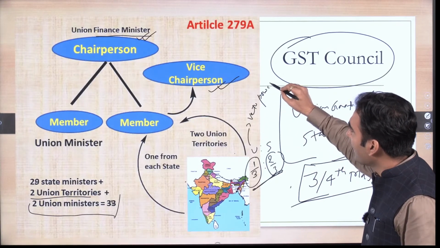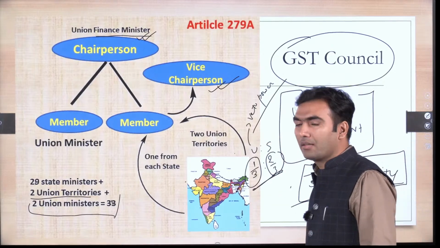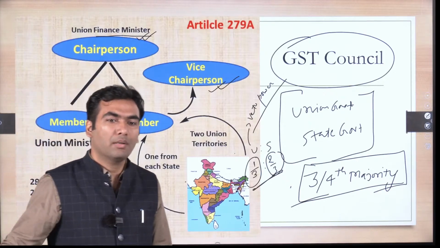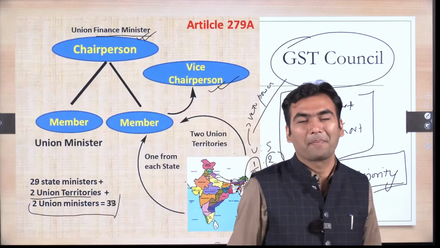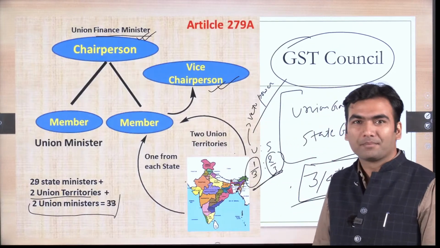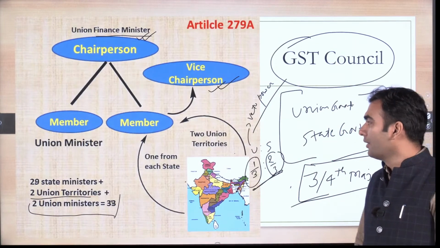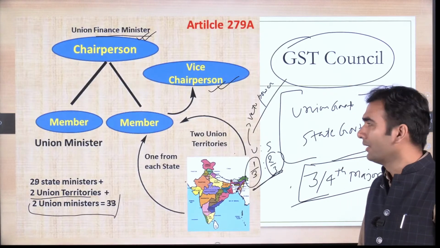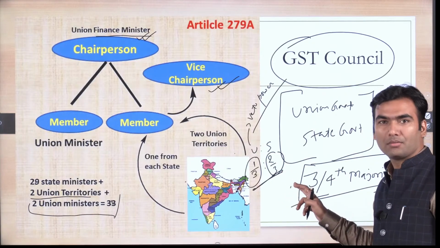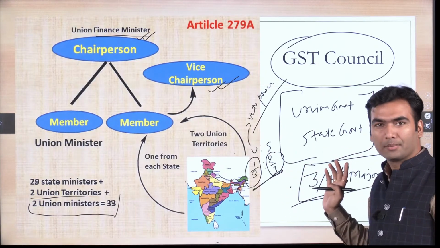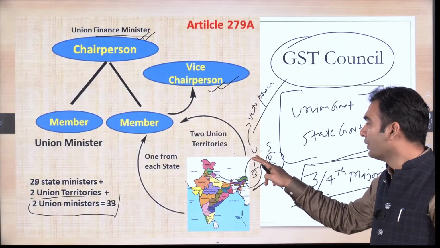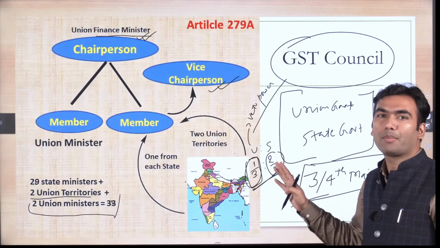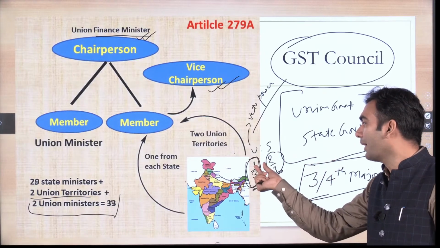If all states are collectively saying that we should not tax, say, alcohol, then they cannot pass any resolution unless the union government also agrees to it. But obviously, if the union government wants to do something, it cannot do it unless the states also support this decision, because the union government only has 1/3 weightage.